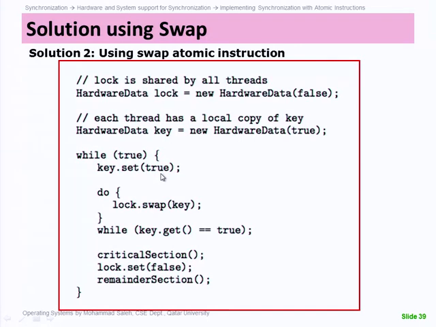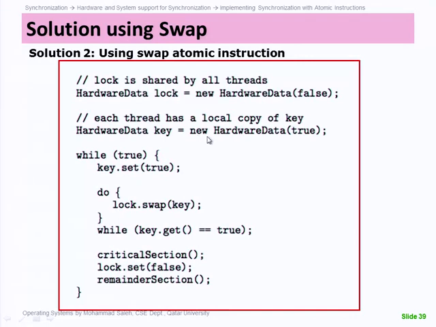I have already the shared key of type hardware passed to all the cooperative workers. And now locally each worker creates an object of hardware with the intention to obtain the lock.